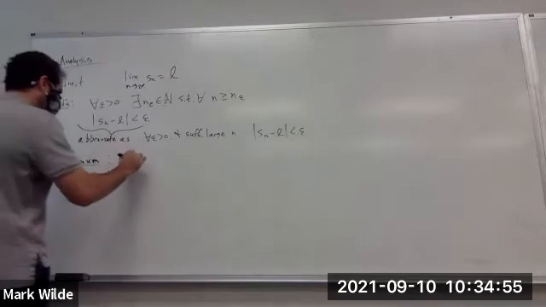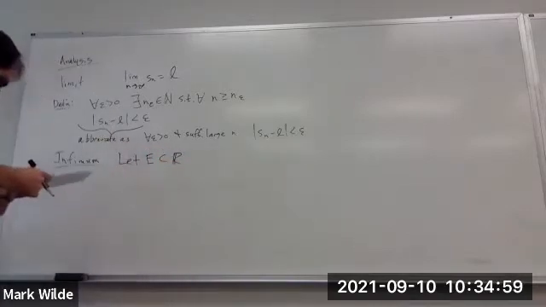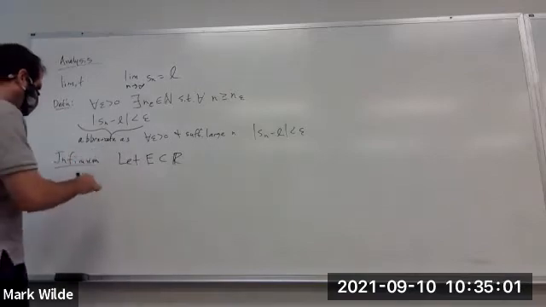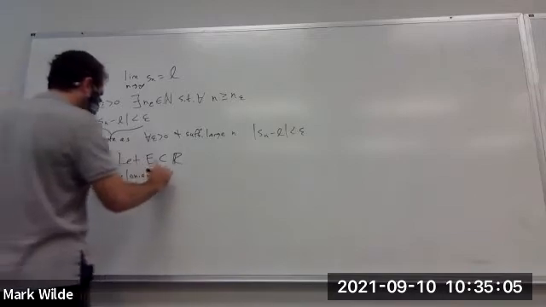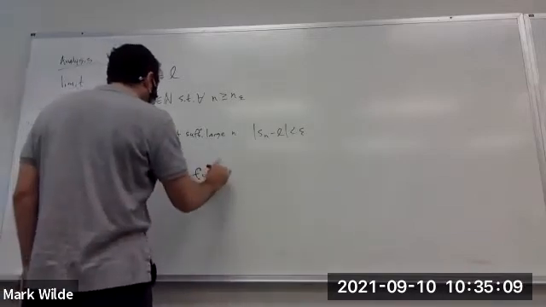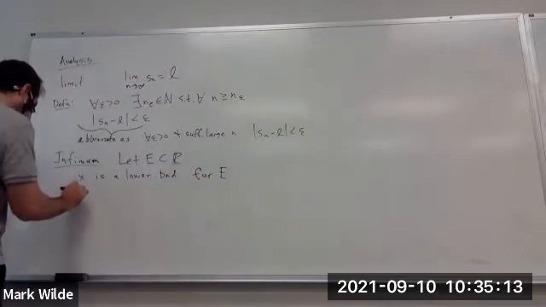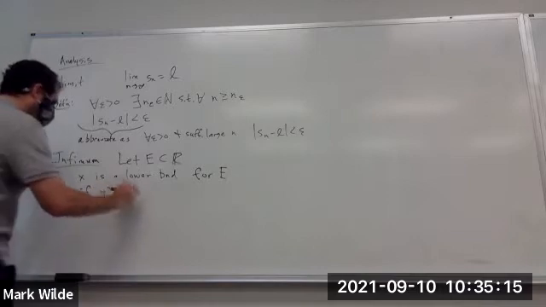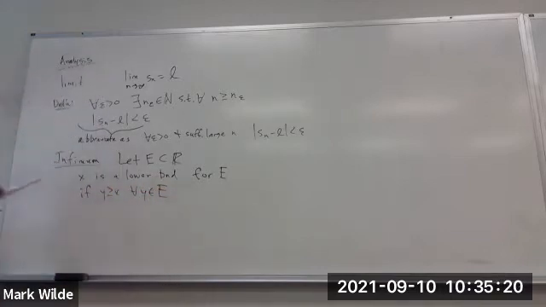Let's just consider a subset of the real line. Right? And we say that x is a lower bound for the set E if y is greater than or equal to x for all y in the set. Okay.